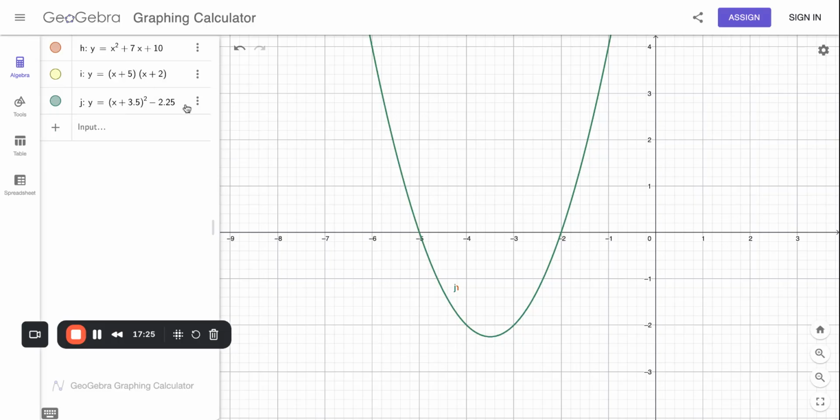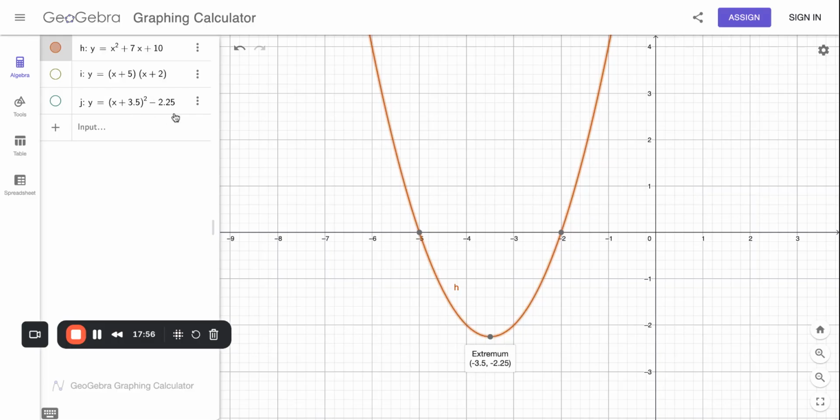But when I look at this first equation, let me hide the others. If I wanted to find out what the turning point was, I could click here, right? And the extremum is minus 3.5, minus 2.25. Okay, but then look at this equation. These values are the values that you get when you find the x value that makes this bracket 0, the term in bracket 0.